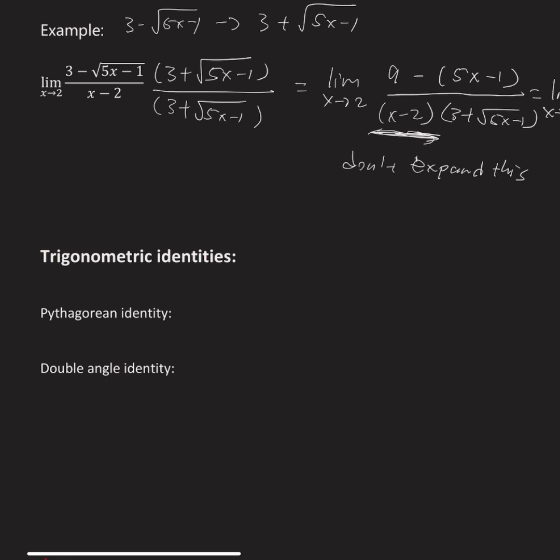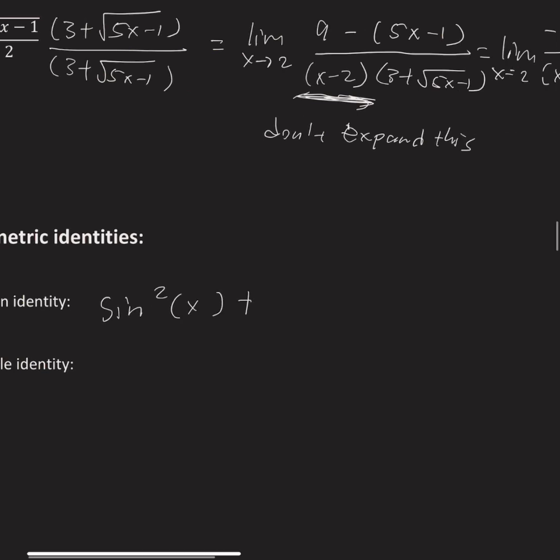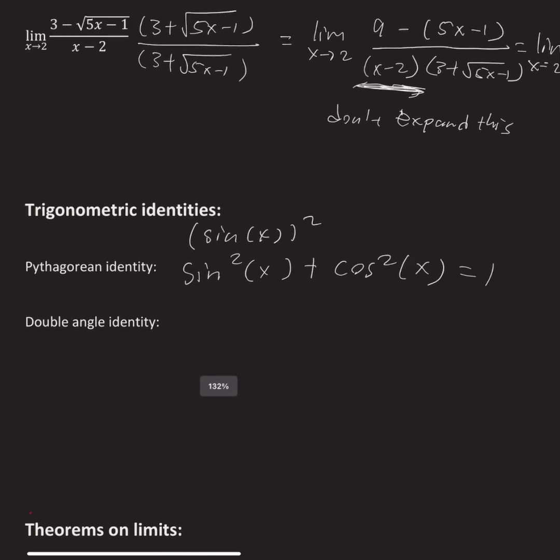So I will be covering the most basic trig identities, and you can derive more based on them. The Pythagorean identity: sine squared of x plus cosine squared of x equals 1. We have a square right here, which basically means sine of x, squared. Nothing special.